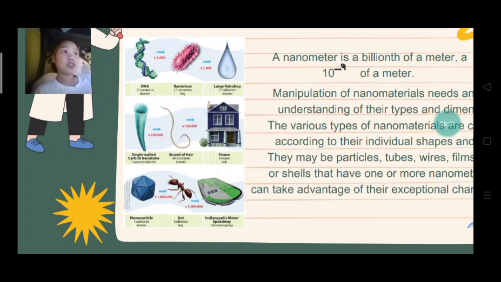These properties arise due to the increased surface area to volume ratio of a material and the quantum mechanical effects that become dominant at this scale. For example, some materials become more reactive or have different optical or magnetic properties at the nanoscale.